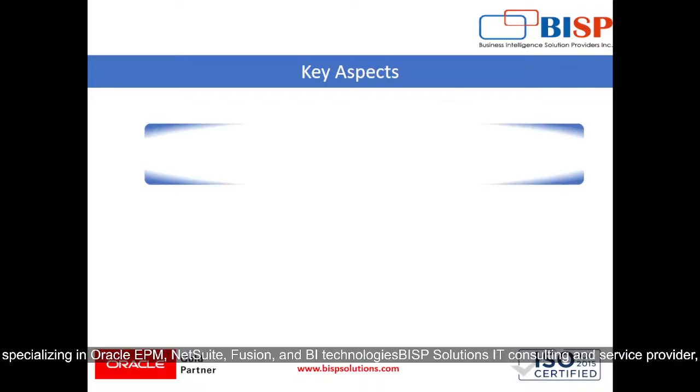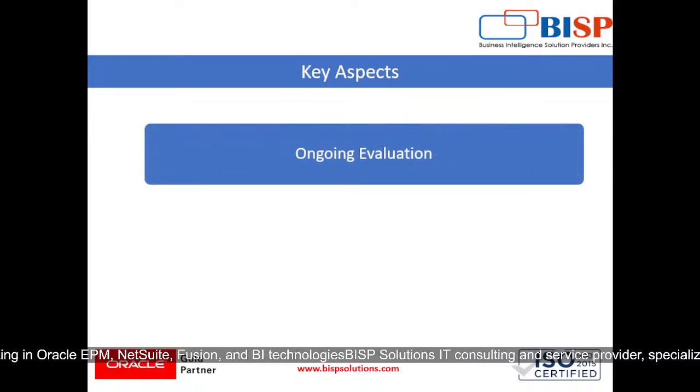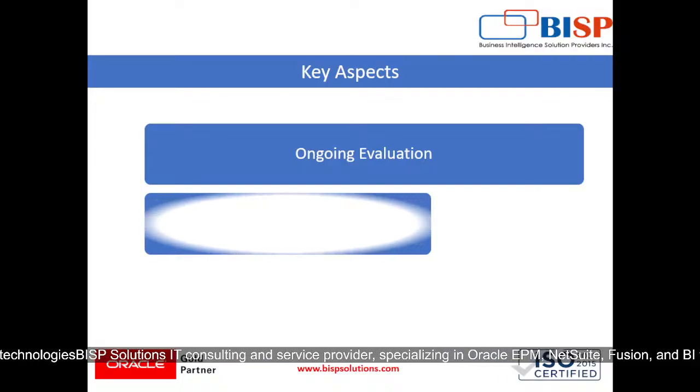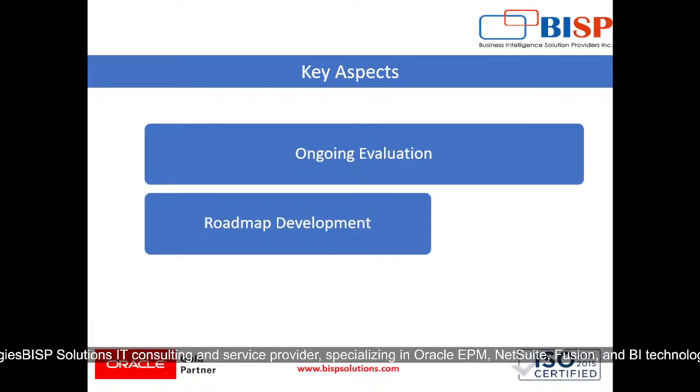So the key aspects for the same are ongoing evaluation, where we will be regularly reviewing system performance, user feedback and industry trends to identify areas for enhancement. Then roadmap development, where we will be creating a structured roadmap which outlines planned upgrades, new features and improvements based on prioritized business needs.